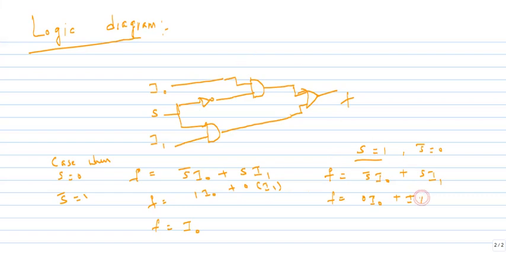Therefore F is equal to 0 plus I1, so F is equal to I1. So based on the corresponding selection line, which decides which input you are going to select, it is passed to the output side. So this is the basic 2 by 1 mux.